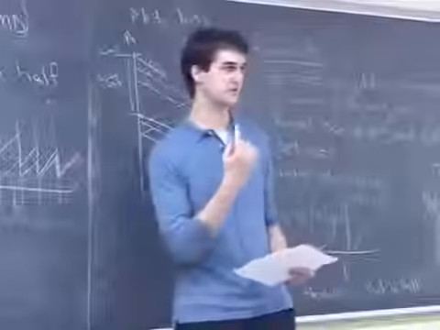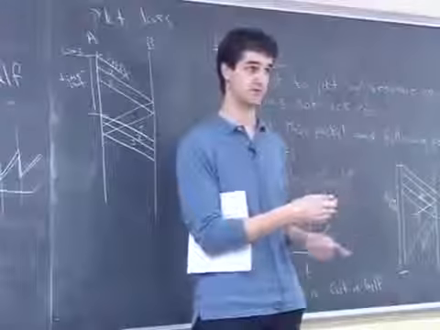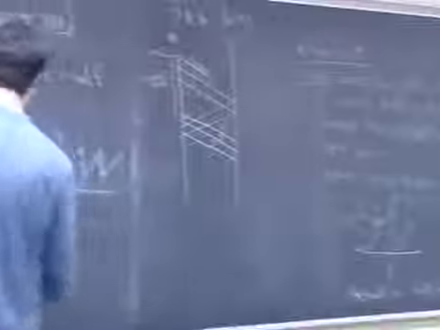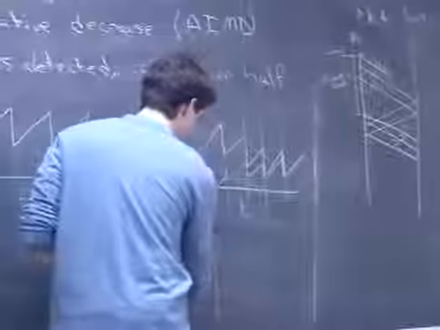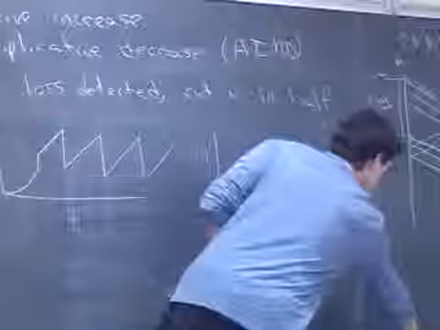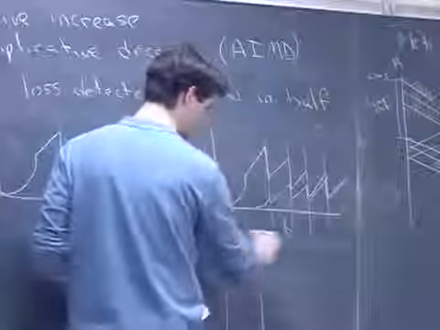So if your window size is 1, then you send 1 packet per round trip, right? What I mean by round trip is that we send, and then we have to wait to send another packet until we receive this acknowledgement. So this is the round trip time.